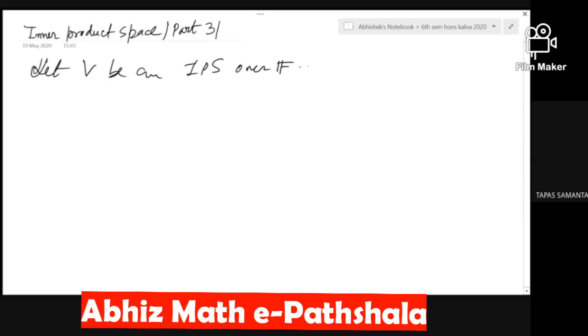and then we have defined a length function, or it is called the norm of a vector.